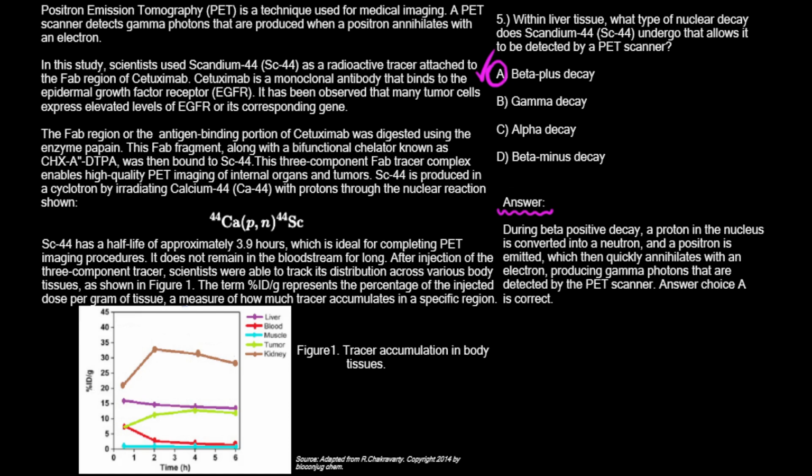The name positron emission tomography also hints at that same answer. So scandium 44 undergoes beta positive or beta plus decay, producing a positron that annihilates with an electron and emits a gamma photon, which is detectable by a PET scanner. So the correct answer to this question is the answer choice A.